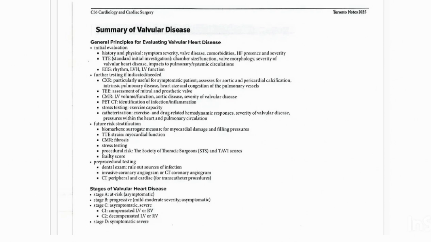The ventricles continue to maintain adequate cardiac output despite the valve lesion. Stage C2, severe disease with decompensated left or right ventricular function, indicating ventricular dysfunction despite the absence of symptoms. These patients often require earlier interventions to prevent irreversible myocardial damage.